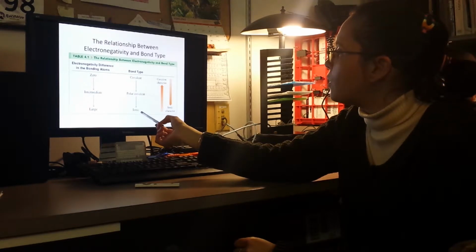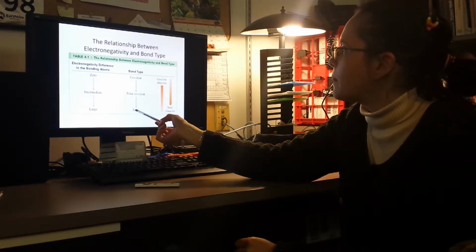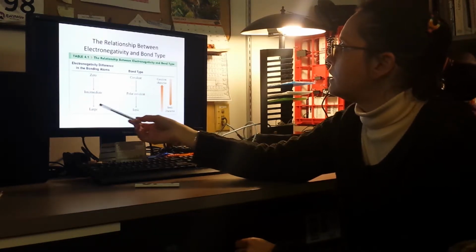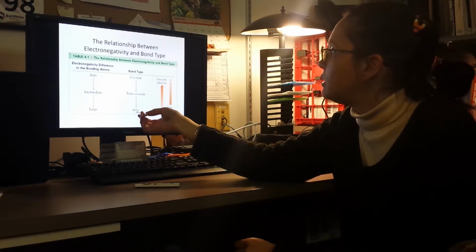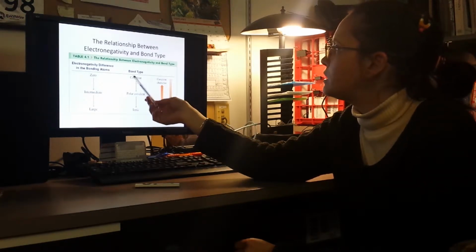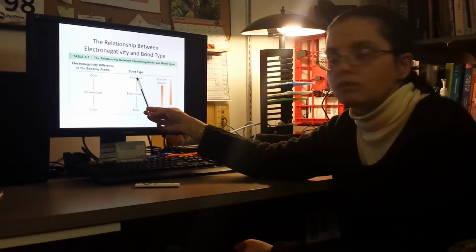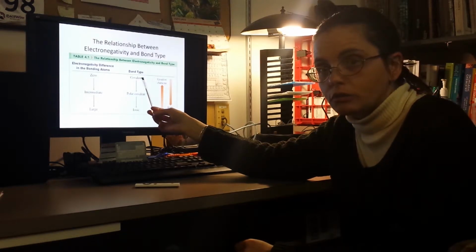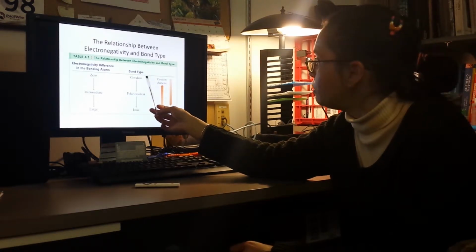But as it becomes more ionic in nature, because the electronegativity differences are large, the bond type is going to be much more ionic in nature. So basically, covalent is when the electronegativity differences are negligible, so both atoms are pulling on the electrons about the same.